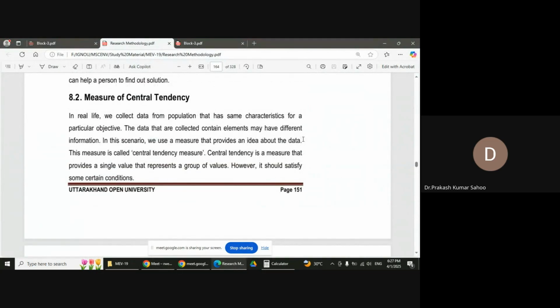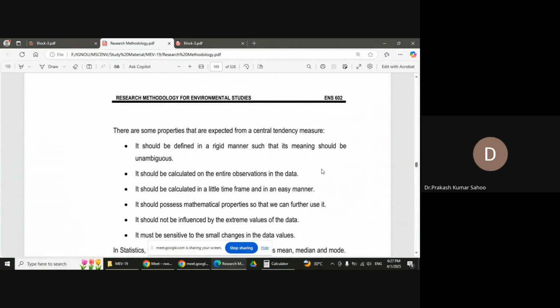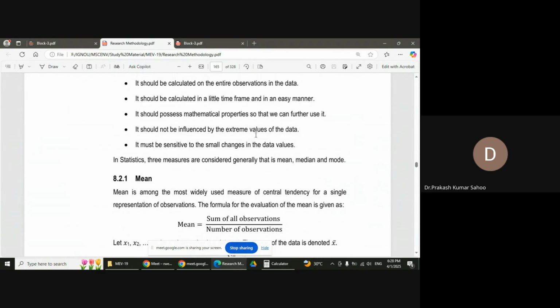So measure of central tendency, as we know, we have mean, median, mode. Three central tendency measures are there. These are some properties. I will share this PDF with you, don't worry. I am just trying to cover the main part of these descriptive statistics.